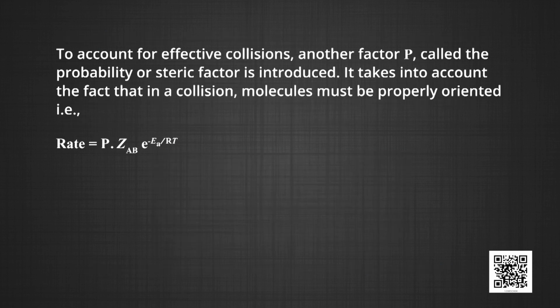To account for the effective collisions, another factor P, called the probability or the steric factor, is introduced. It takes into account the fact that in a collision, molecules must be properly oriented. So now the expression is rate = P Z_AB e^(-Ea/RT).